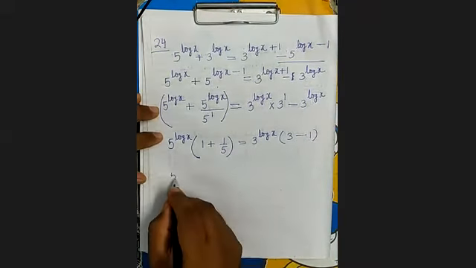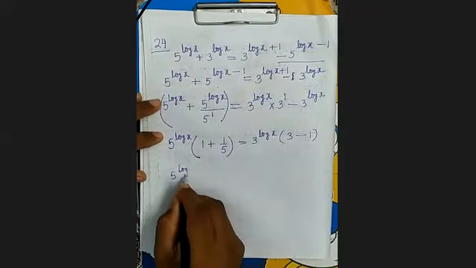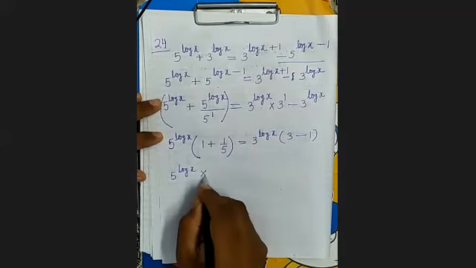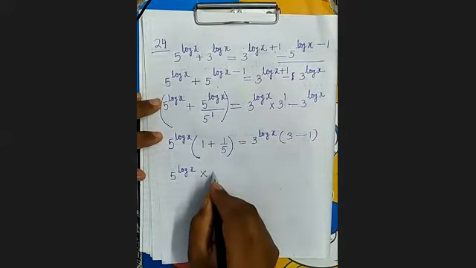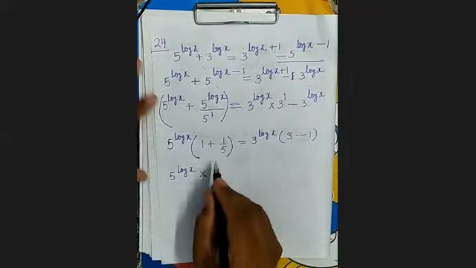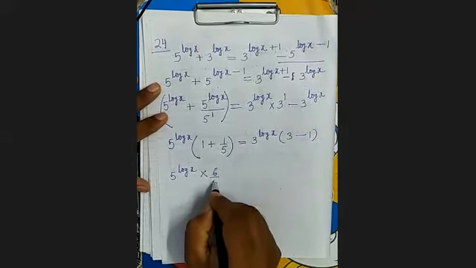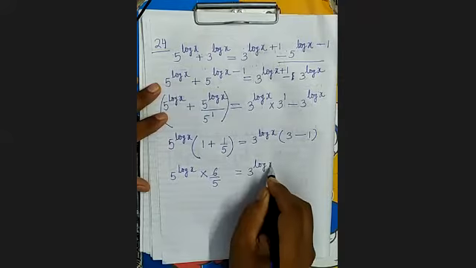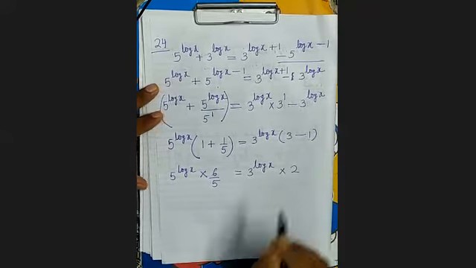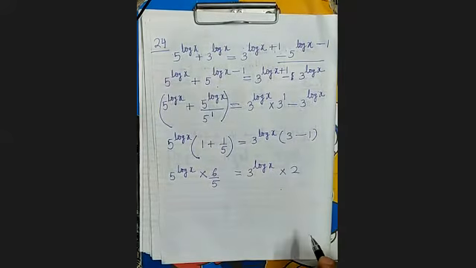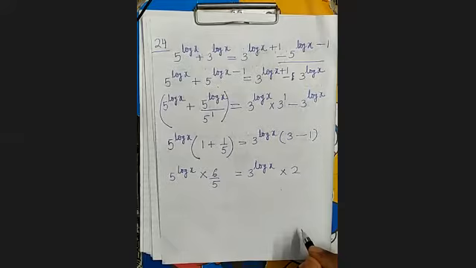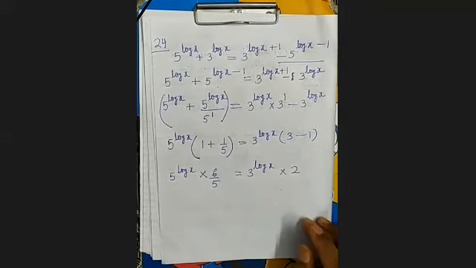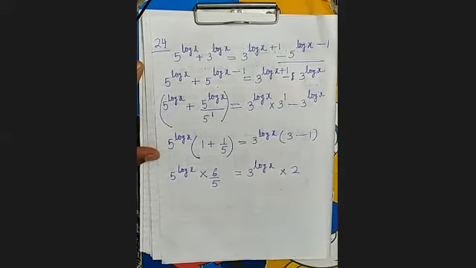So it is 5 to the power log x into... when you simplify this bracket, I am writing directly, it will be 6 upon 5 equals 3 to the power log x into 2. Now what will you do? You will bring all the terms containing log x to the left hand side.